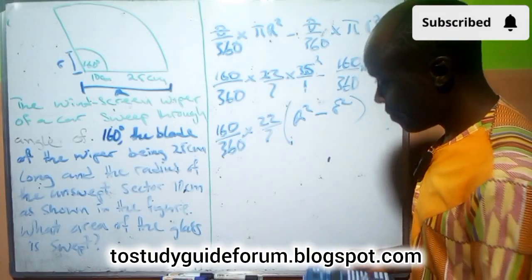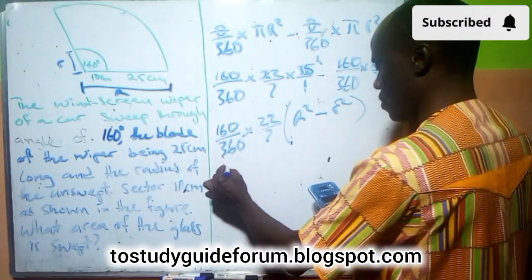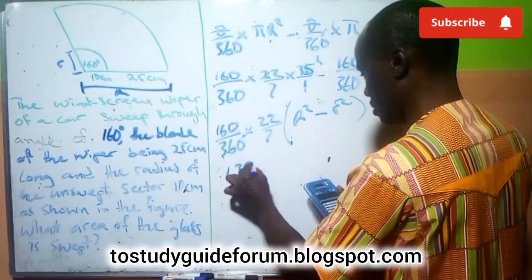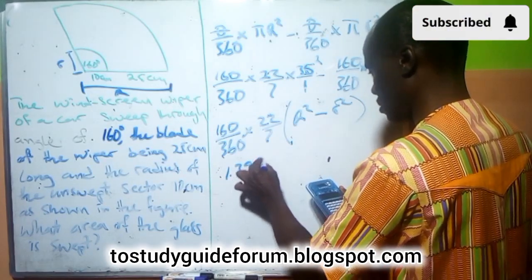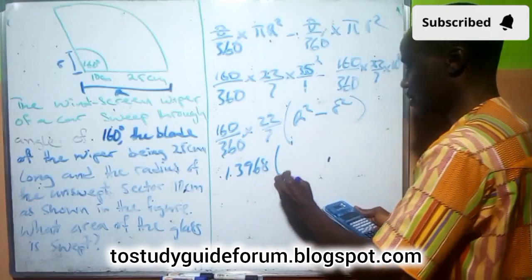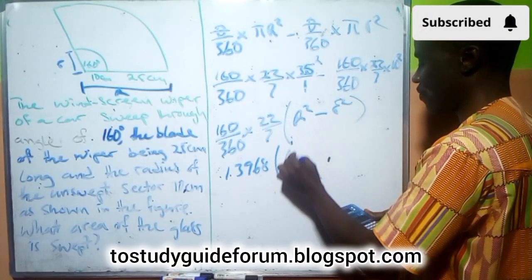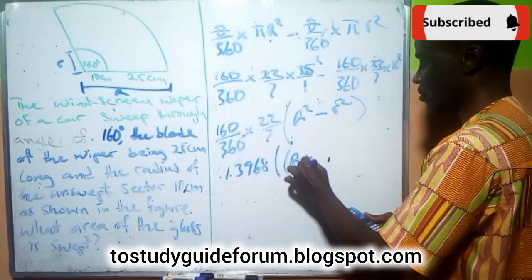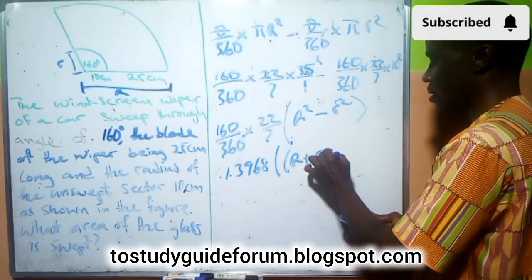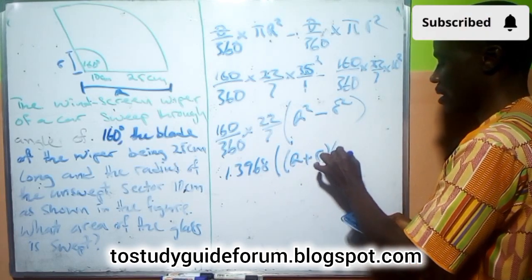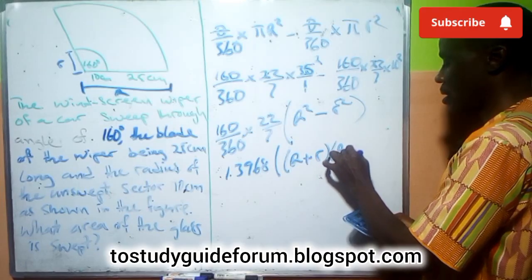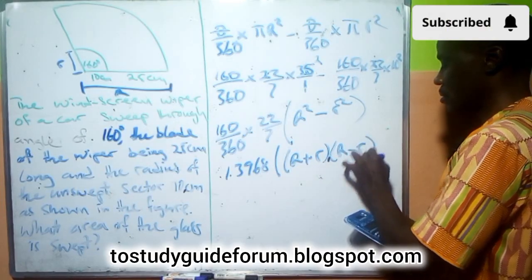We have 1.368 all in brackets. Now this thing can also be factorized again. If we factorize it again, we have R plus r, multiplied by R minus small r.